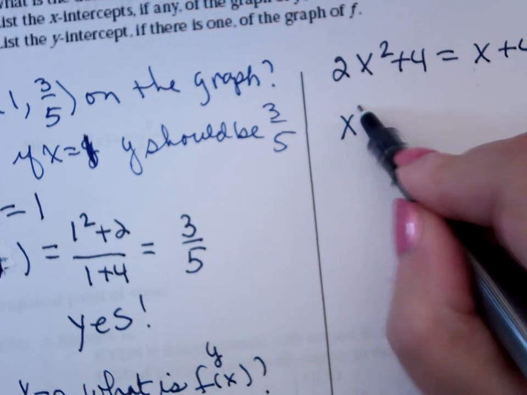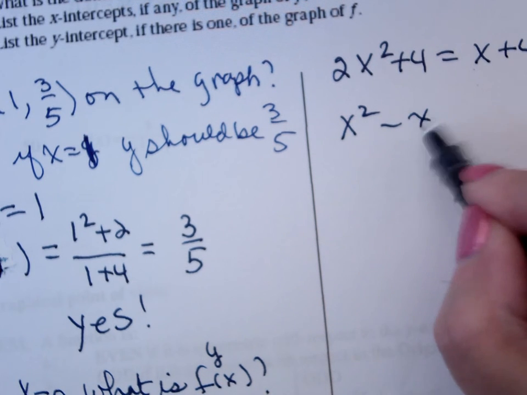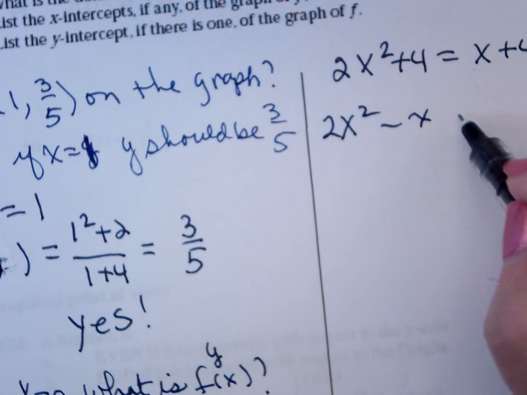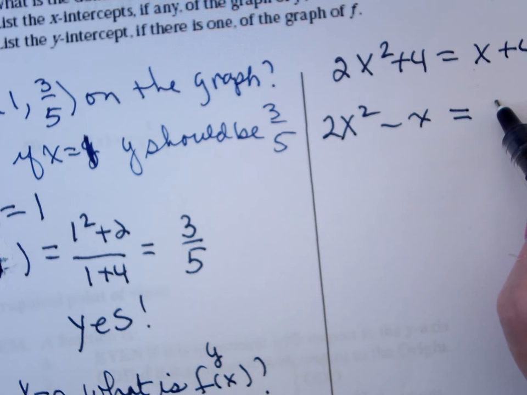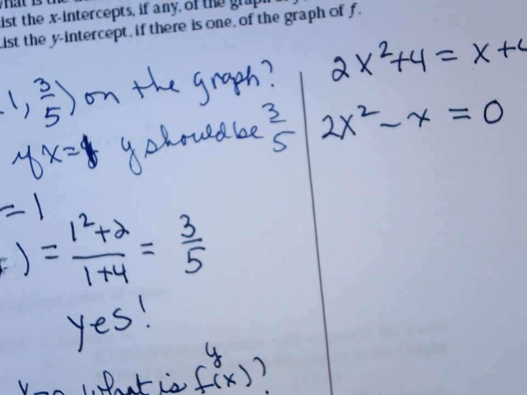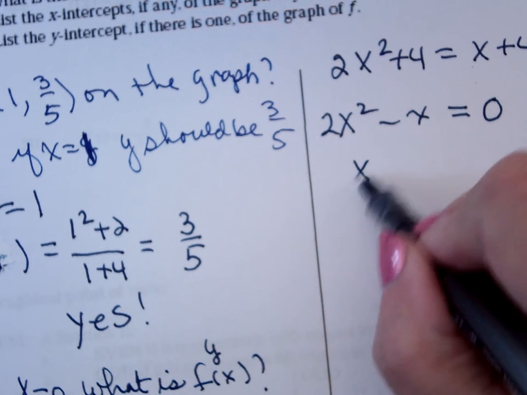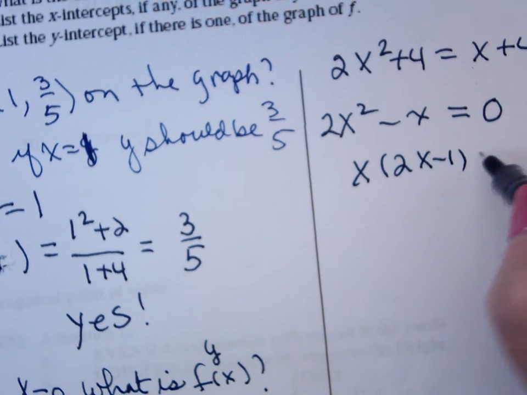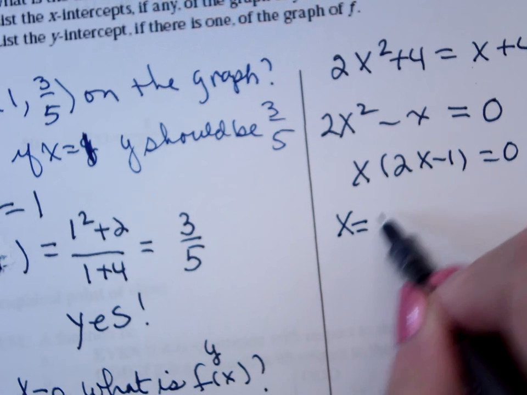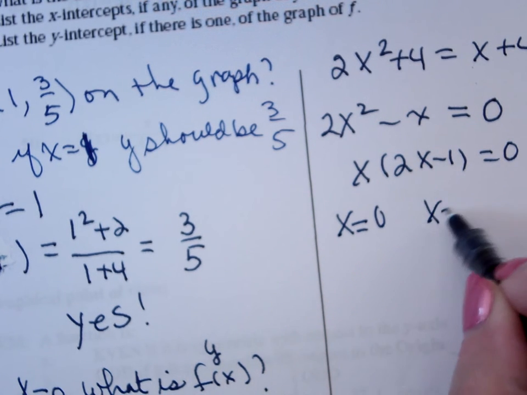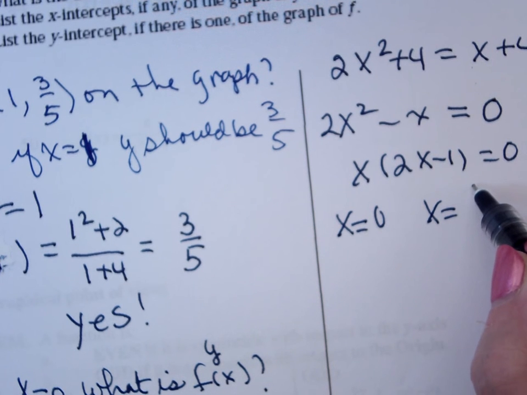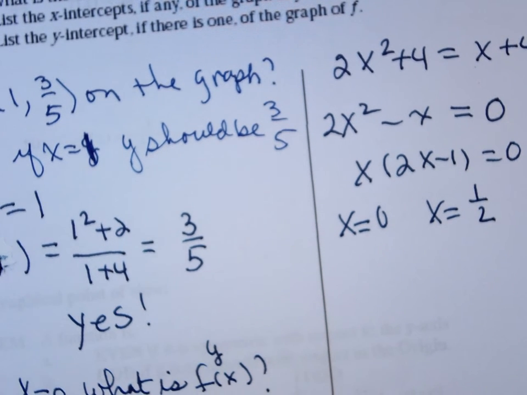This says 2x squared minus x equals 0. Now what do I do? I'm going to take x out. Yep, greatest common factor of x. So x equals 0 and x equals 1/2. So yes, 1/2 was one of them.